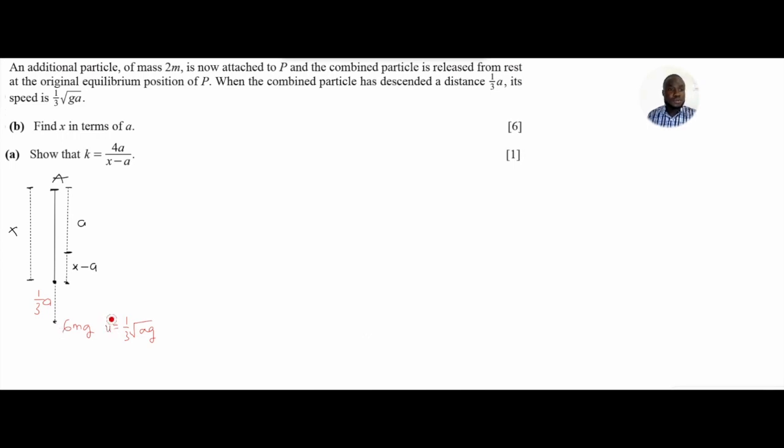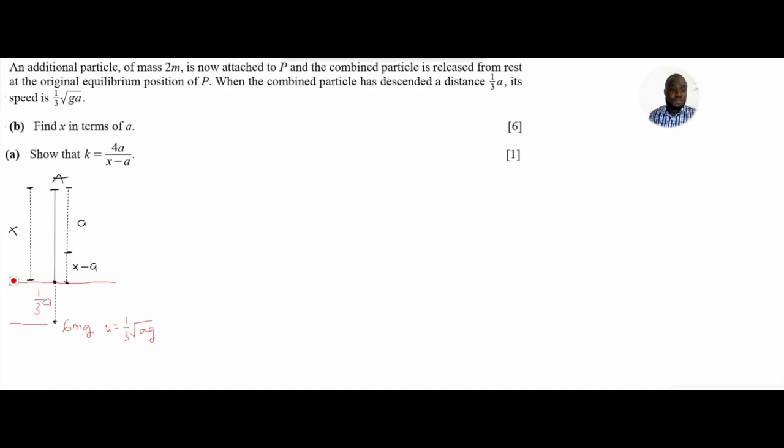The next thing we want to look at is the value of x in terms of a. So we want to figure out how x is related to a. So let's get started. Now it's crucial you know that we need to use the energy method because it is easier to analyze the motion of this particle. Let's start by calculating the change in gravitational potential energy from the starting point, which is this level, to where we are going.